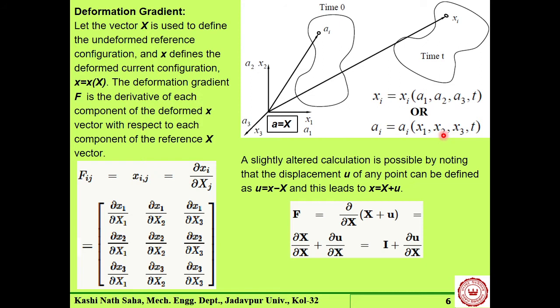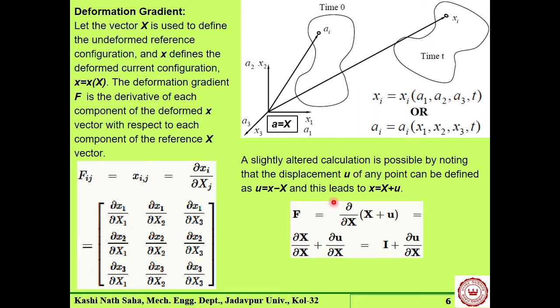So how we get a particular point which has moved from this location to that location, say this is given by this displacement field u. So you understand, that means from this point to that point the displacement is u.